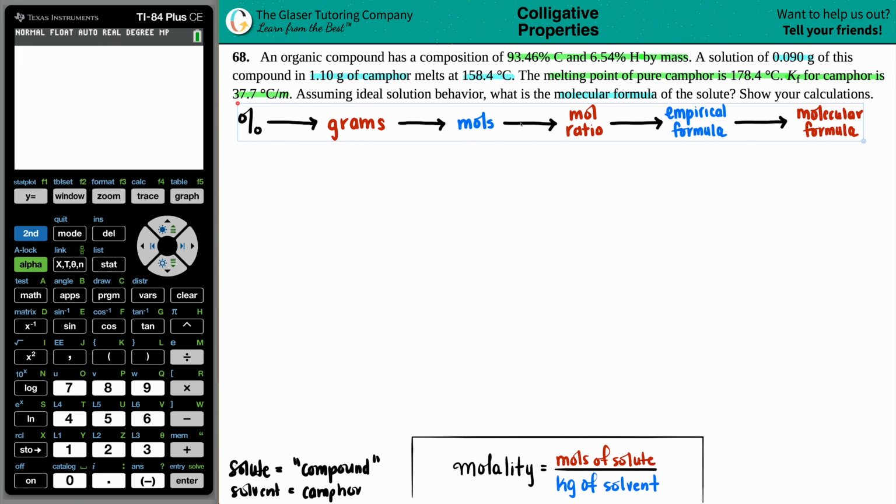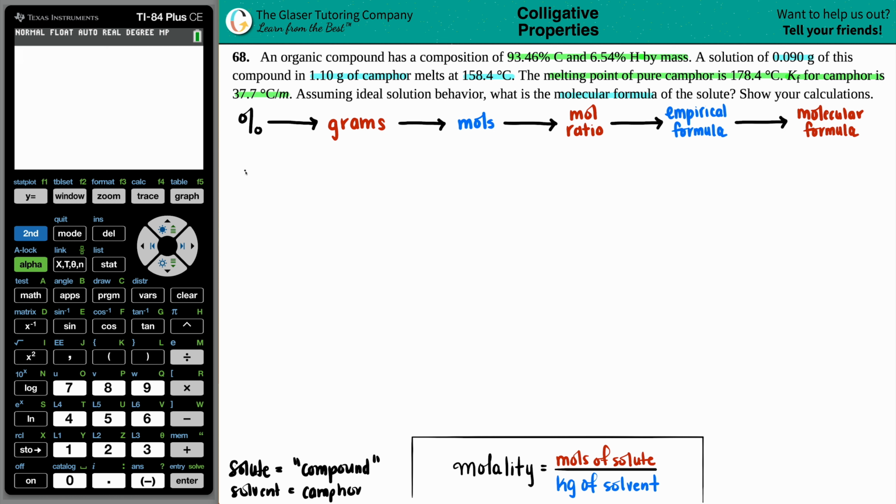The reason I knew we were doing this is that anytime they give you percents of individual elements, you can always find an empirical formula from that. The only thing is that we then have to take the empirical formula, which we'll find, and get to a molecular formula. So, let's start.